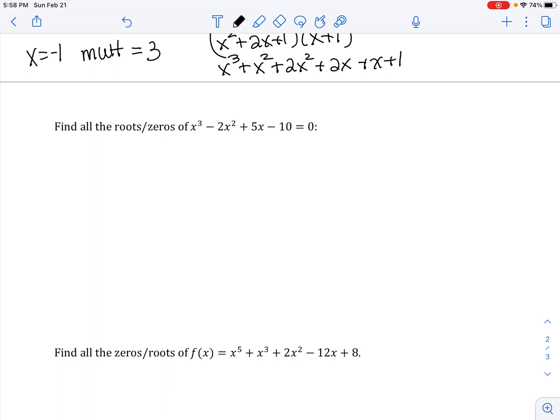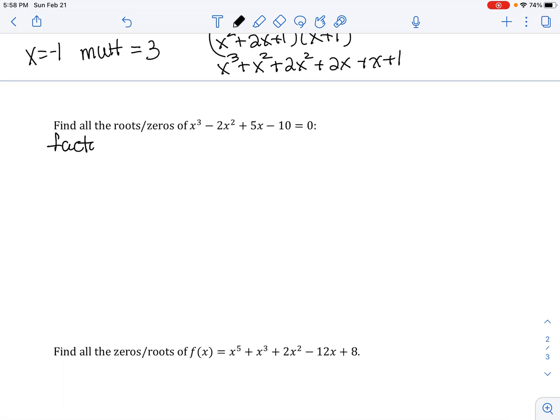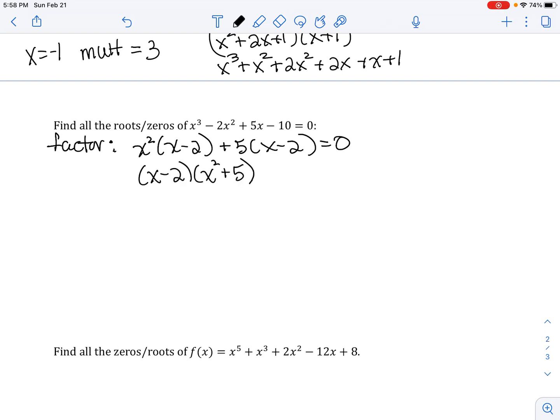Let's see if it factors. Whenever you have 4 terms, it's always okay to begin by factoring. All right, so GCF, x squared, x minus 2, GCF 5, x minus 2. GCF x minus 2, x squared plus 5 equals 0.